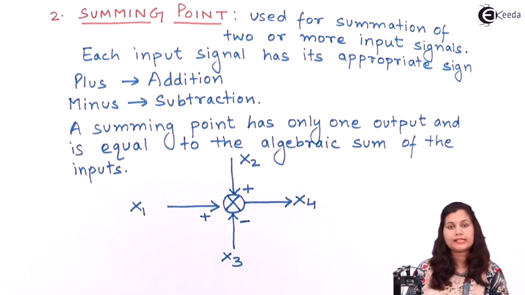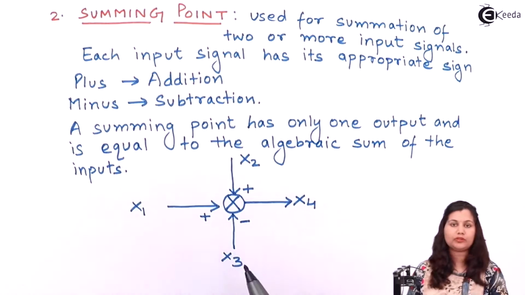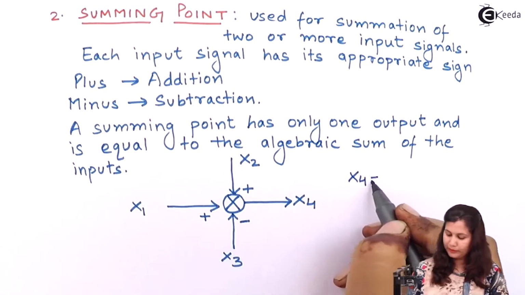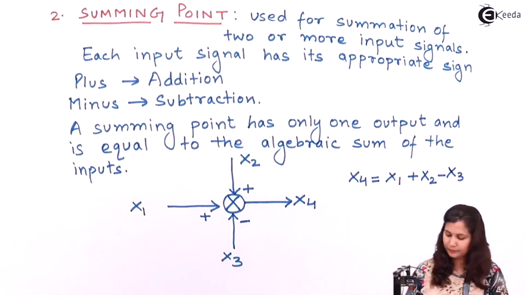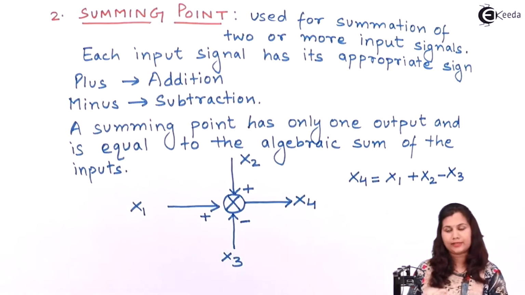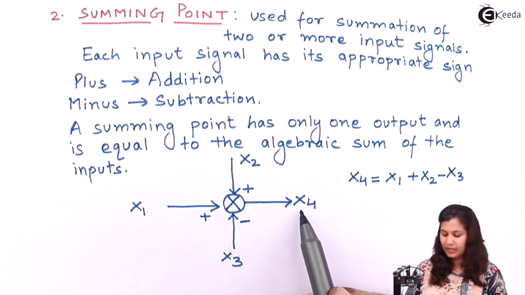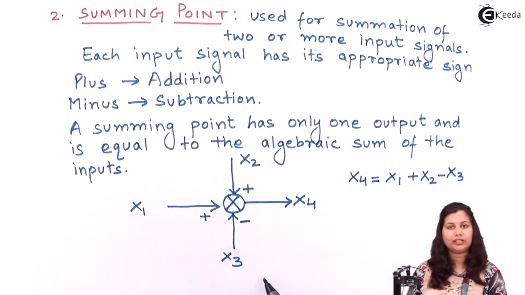And the output of this summing point is x4. So x4 will be equal to the algebraic sum of these three input signals. So x4 will be x1 plus x2 minus x3, since x3 has a minus sign, so we have taken a minus sign here. So you can see that the output of the summing point will be the algebraic sum of the inputs.